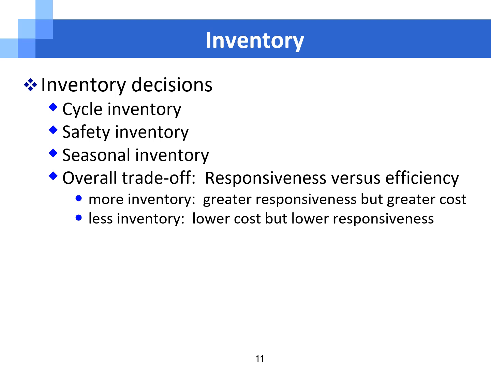Another decision is the safety inventory. Safety inventory is inventory held in case demand exceeds expectation. It is held to counter uncertainty. If the world were perfectly predictable, only cycle inventory would be needed. Because demand is uncertain and may exceed expectations, companies hold safety inventory to satisfy unexpectedly high demand.